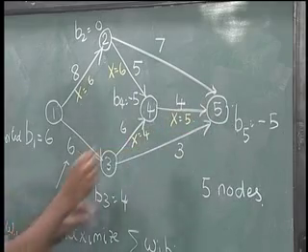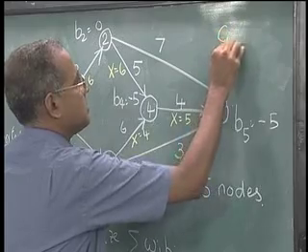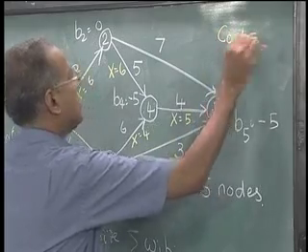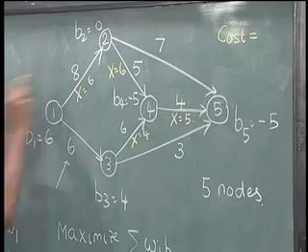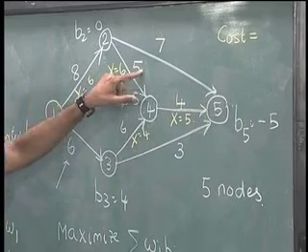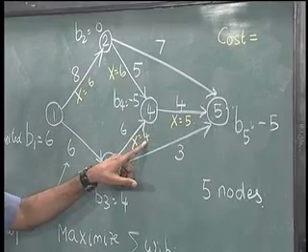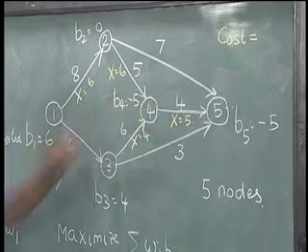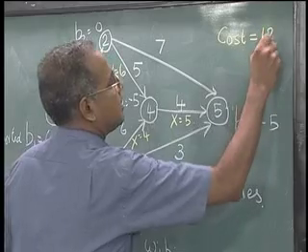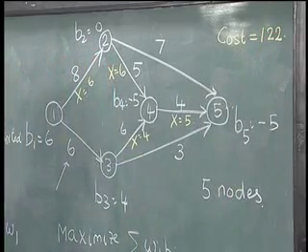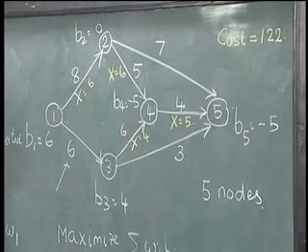So, the cost associated with this feasible solution will be 6 into 8, 48, 5 into 6, 30, 78, 78 plus 24 is 102, 102 plus 20 is 122. So, the cost associated with this feasible solution is 122.